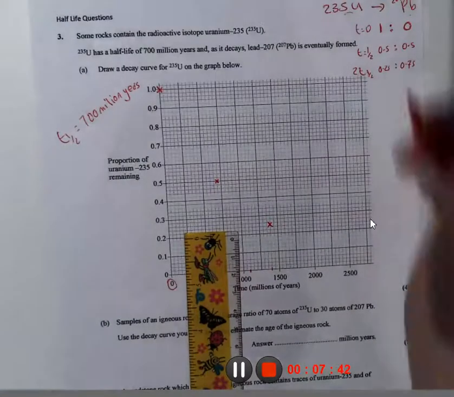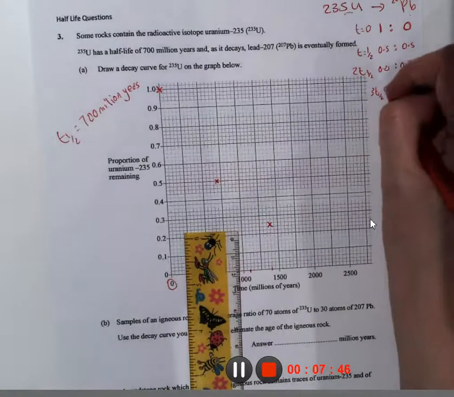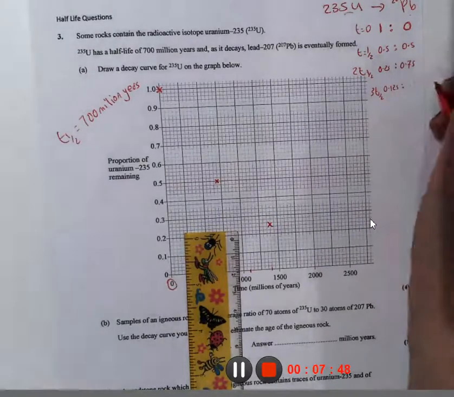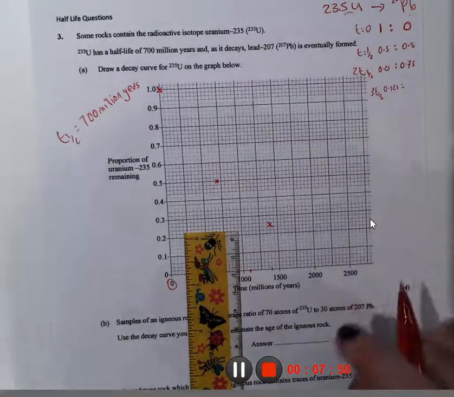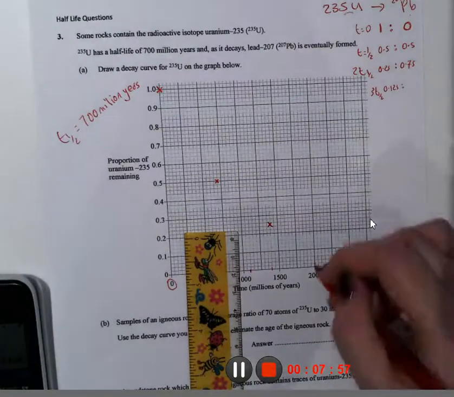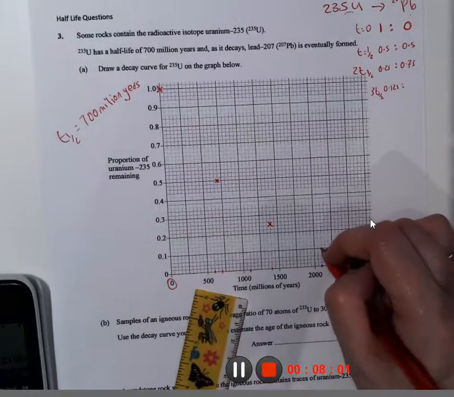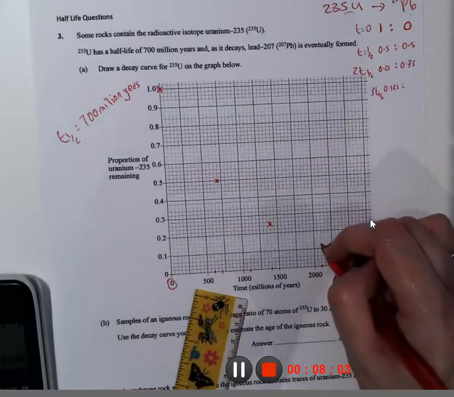So you can do one more if you want. If you halve this again, so after 3 half-lives, this will be half of this, so it'll be 0.125. 1,400 plus 700 is 2,100, which is here, and we've got to go to 0.125, which is about there.